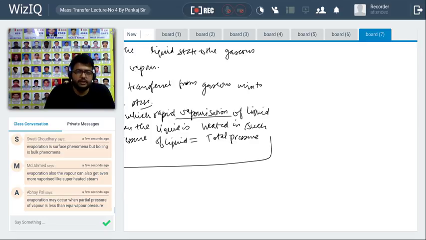I have mentioned that the vapor pressure of the liquid should be equal to the total pressure above the fluid surface.